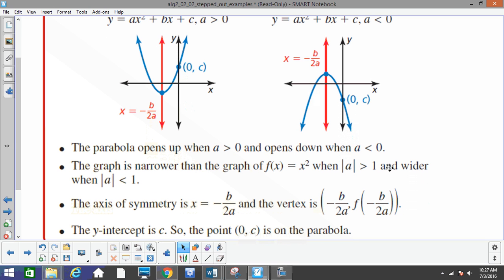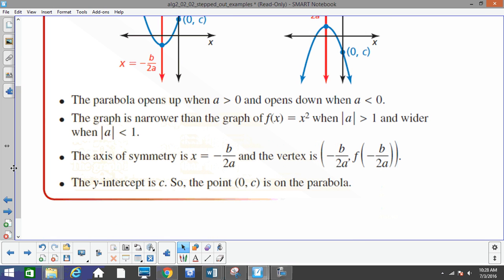When the absolute value of a is greater than 1, it's narrower, and then wider when it's less than 1. So if it's a fraction or a decimal, it's going to be wider. That'll be your x-coordinate, -b over 2a. To find your y-coordinate, you just plug it in. The y-intercept is c, your constant.